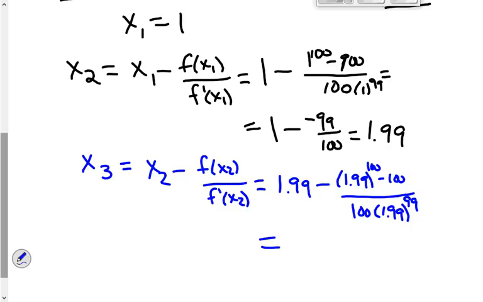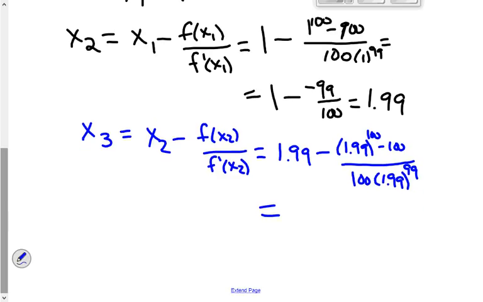And what do we get? So obviously, we're going to have to keep going and do a few more of these until we get these last 4 digits to be consistent.